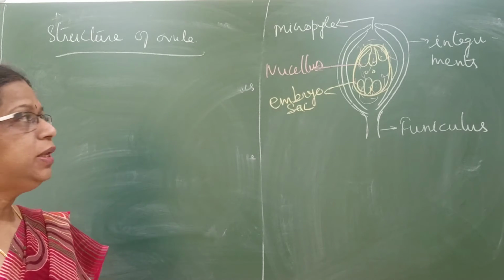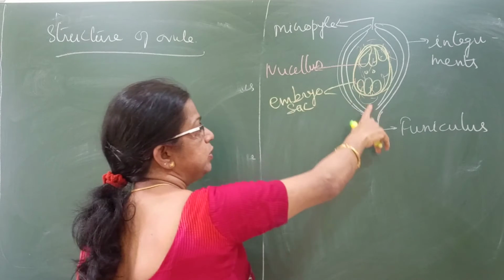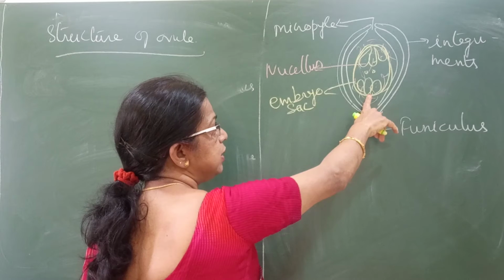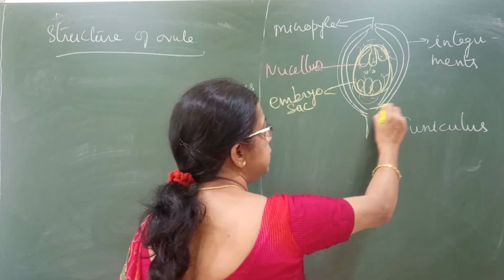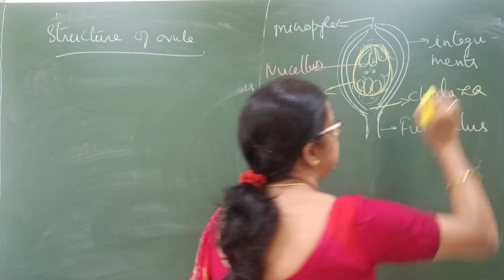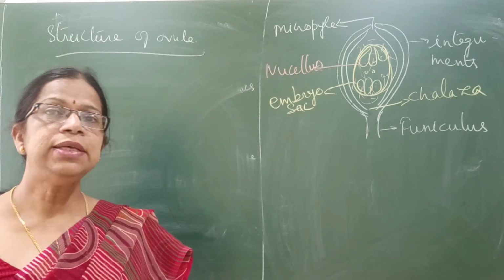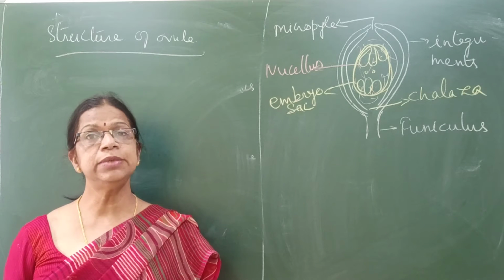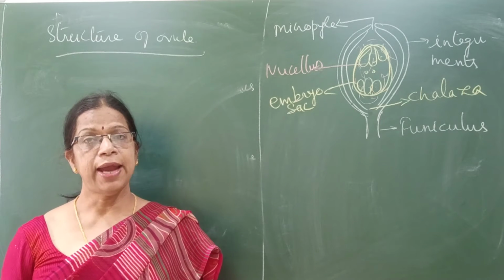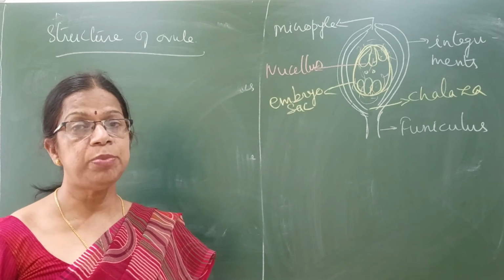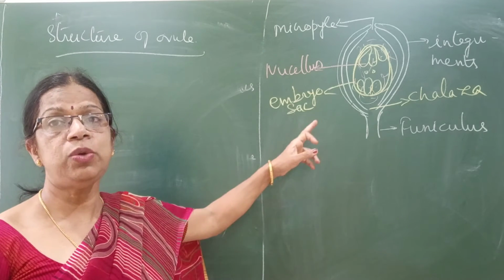Now, at the base of nucellus, just below the embryo sac, this part is called a chalaza. Chalaza is the site for many biochemical and metabolic reactions, and chalaza also helps in providing vasculature.